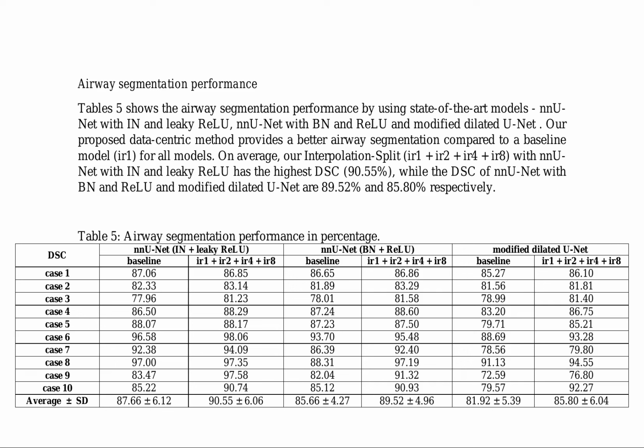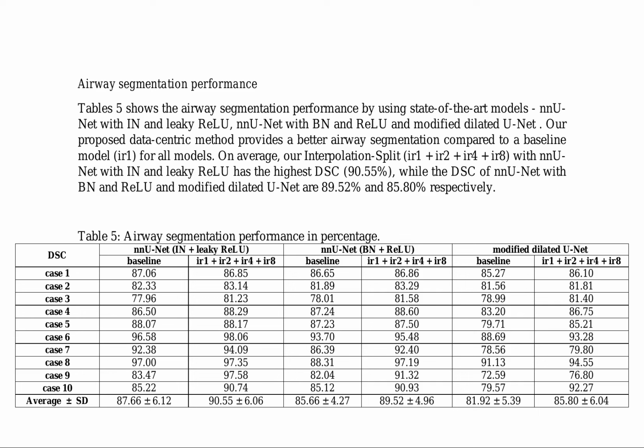The proposed method achieves superior airway segmentation performance across all models, with the highest dice similarity coefficient, DSC, of 90.55% obtained by the interpolation-split method with NNU-net and instance normalization and leaky ReLU. Specifically, NNU-net with batch normalization and ReLU, and modified dilated U-net achieved DSC values of 89.52% and 85.80%, respectively. Visualizations in Figures 7 and 8 demonstrate the airway segmentation results for Case 6 and Case 9, respectively.